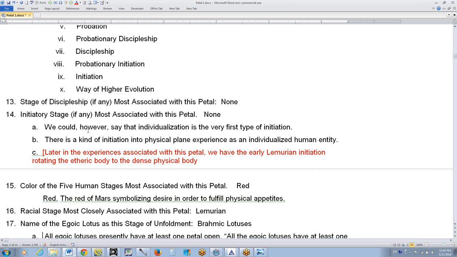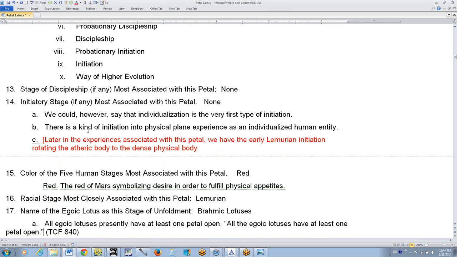The color of the five human stages most associated with the petal, it is red. And I really do have to go over that particular section where he symbolically discusses the colors red, orange, green, rose, and blue in relation to the development of the human being.